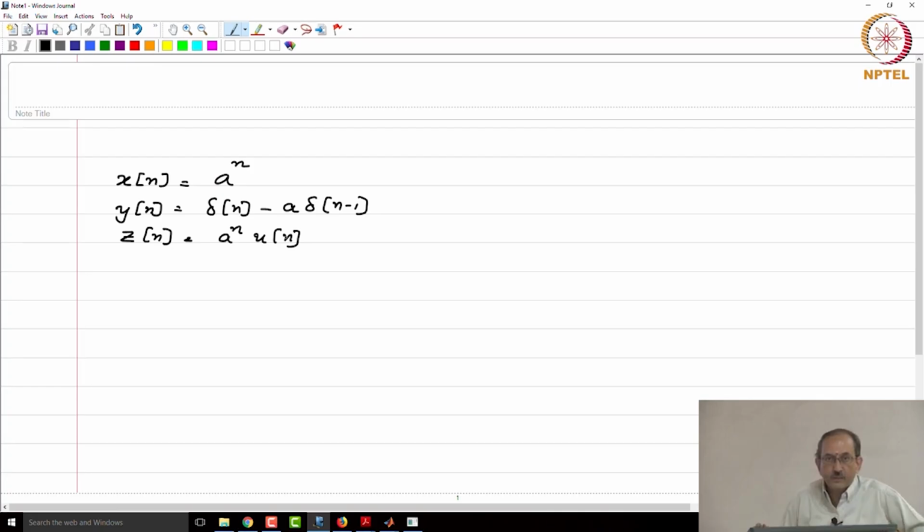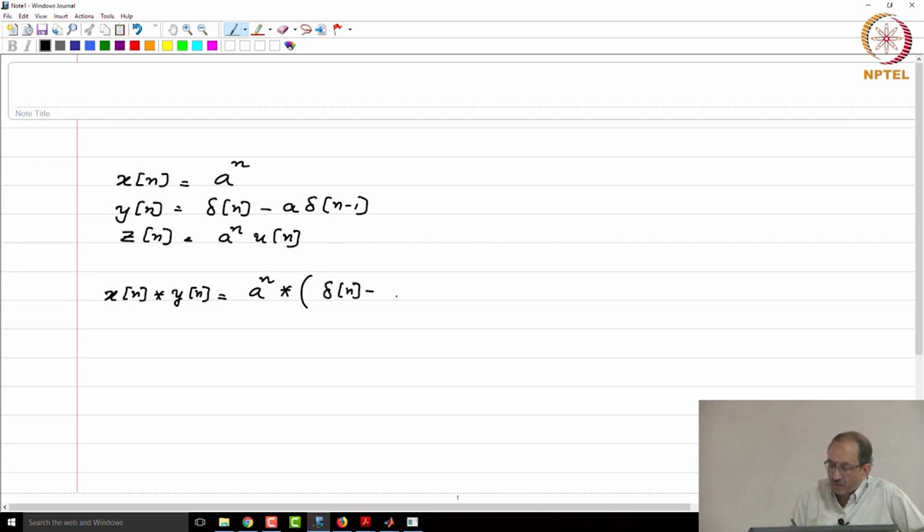So these are the three sequences. Now let us find out what x of n convolved with y of n is. This is nothing but a power n convolved with delta of n minus a times delta of n minus 1, and this is what?